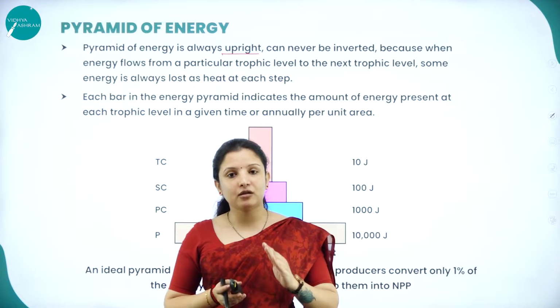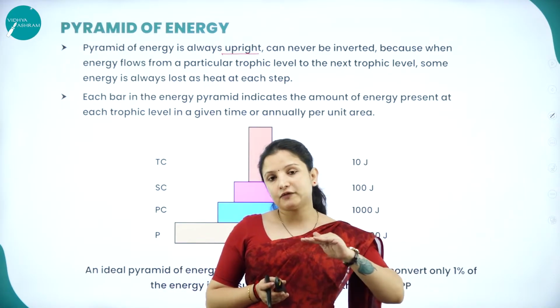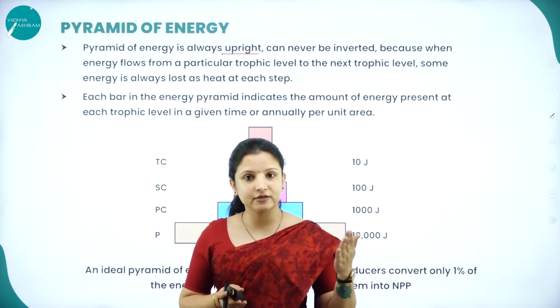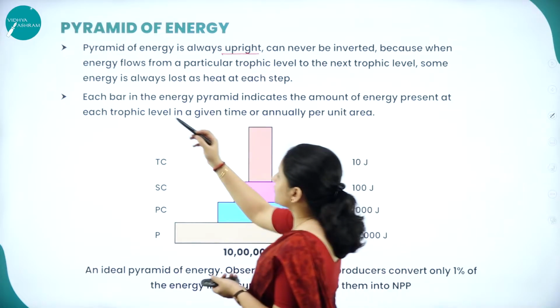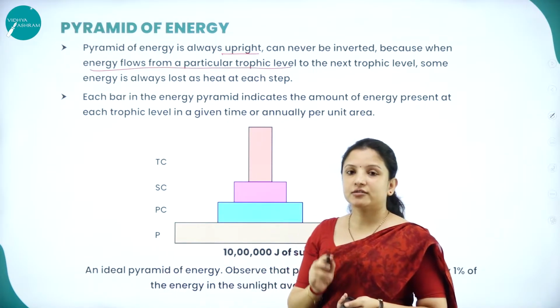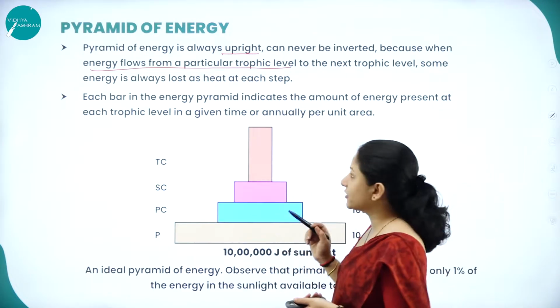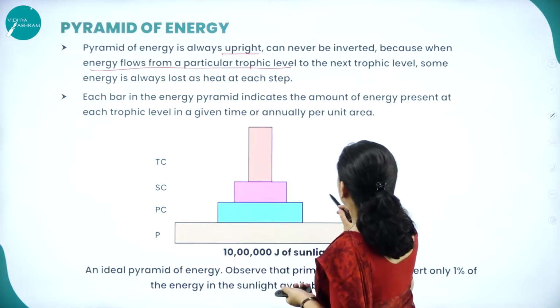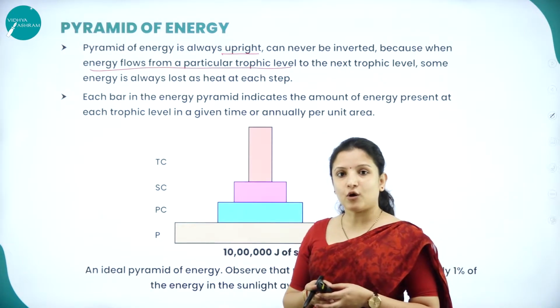Energy will only be lost as and when the energy flows from the base of the trophic level to the higher levels of the trophic level. That is because energy flows only in one direction, that is, it is unidirectional. So that is why the pyramid of energy can never be inverted. It is always upright. And here in each step, some of the energy is lost in the form of heat.